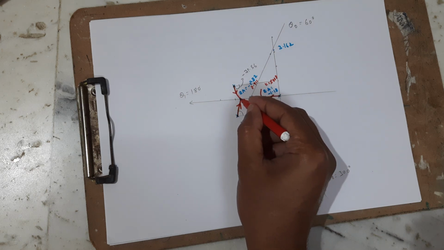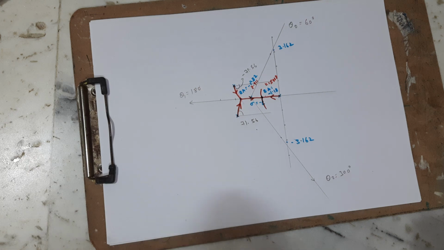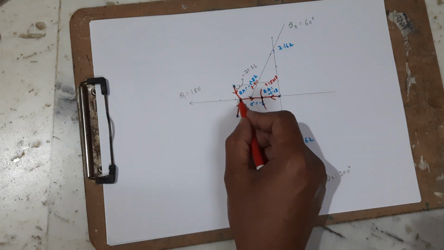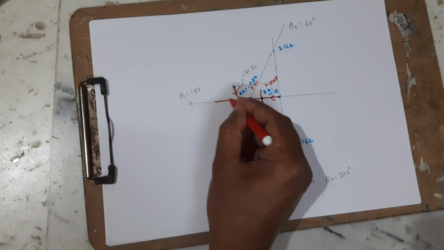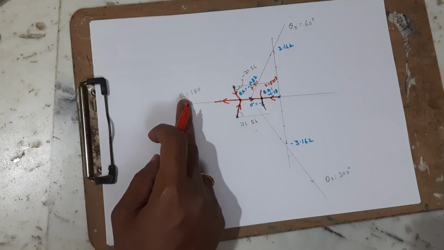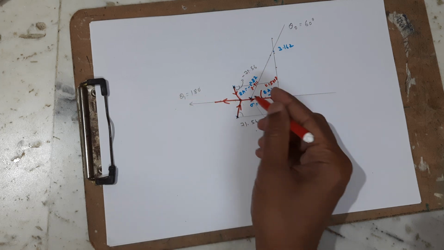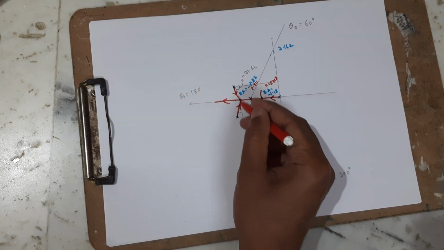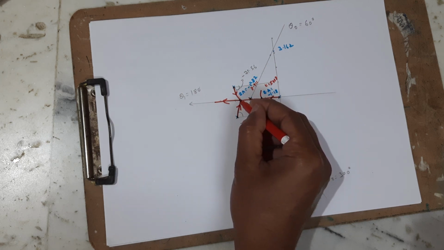One branch is going to come this side, and another branch is going to move in this direction because we have one more asymptote, that is theta 1 equal to 180 degrees there. So these two branches from the two poles will arrive at the breakaway point.